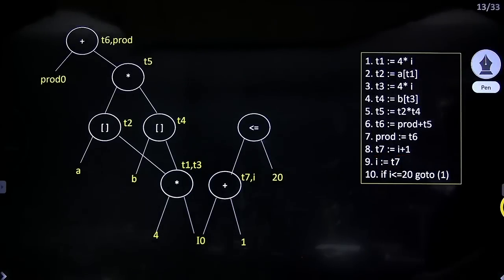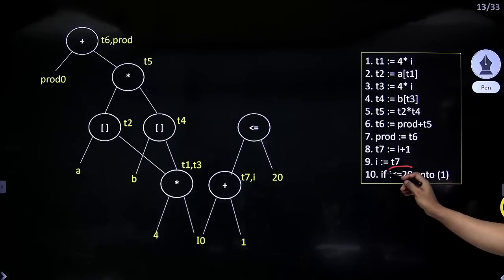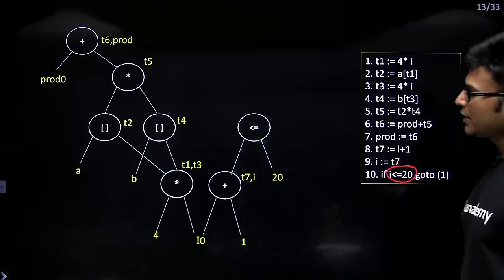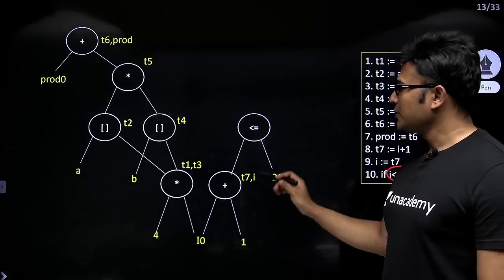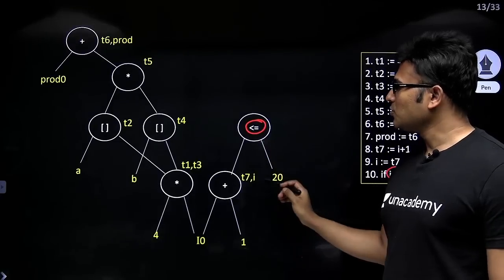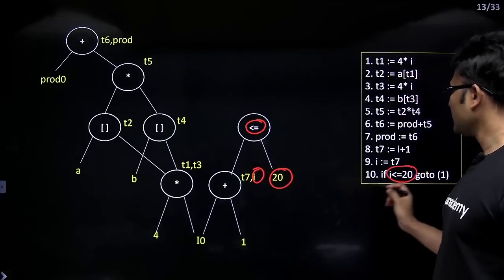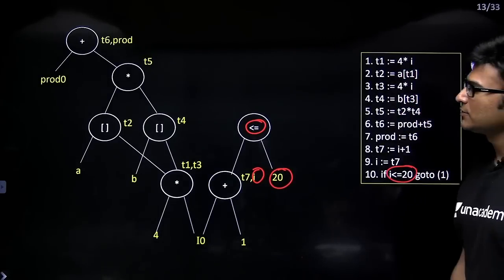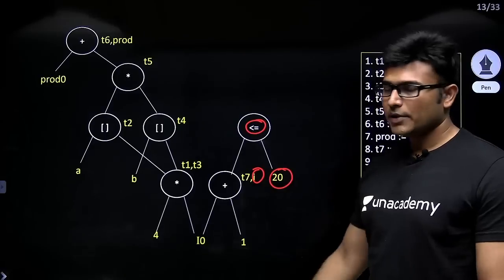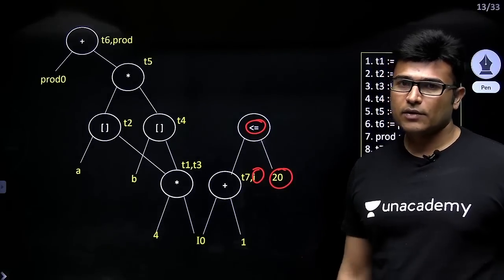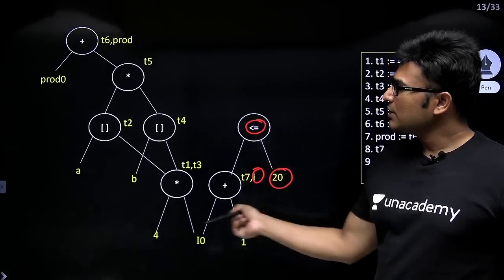And now the next one is if I is less than or equal to 20, which I, the latest I, right? That is why I am using less than or equal to with I. If I is less than or equal to 20, then go to line number 1. So that cannot be written here. Okay, go to line number 1 cannot be written. So this is the DAG.